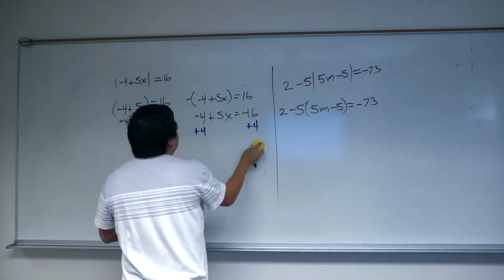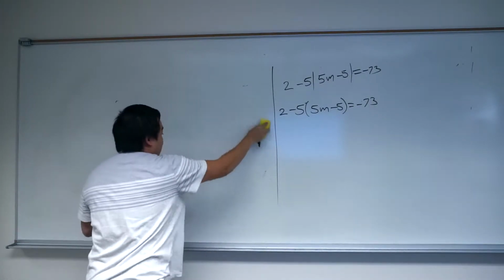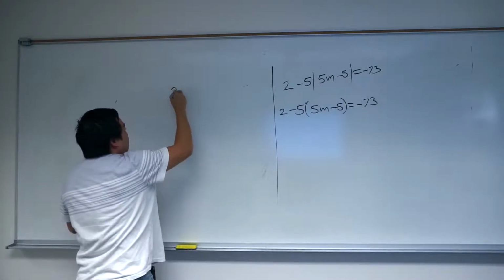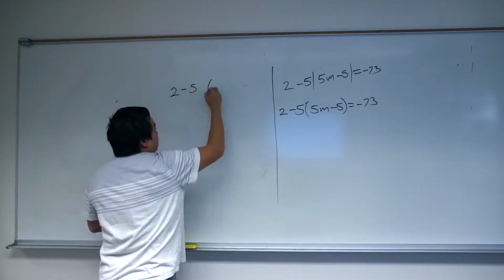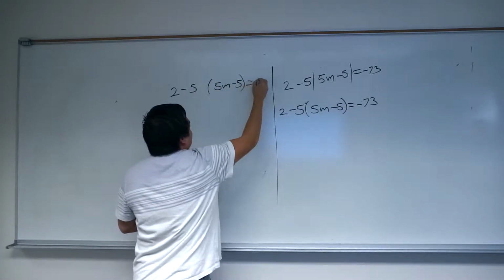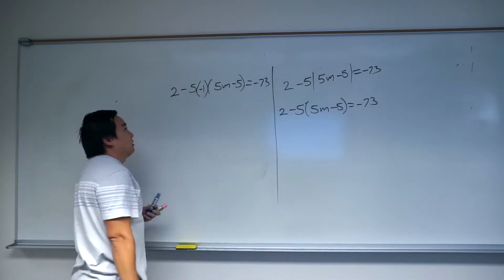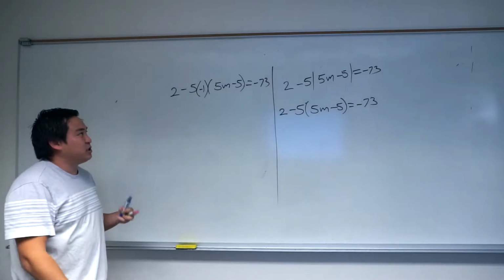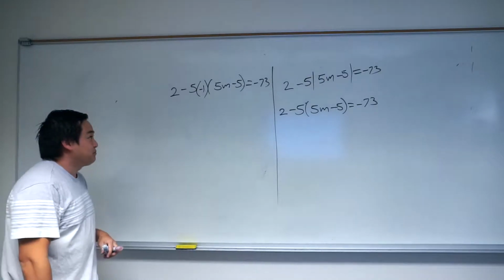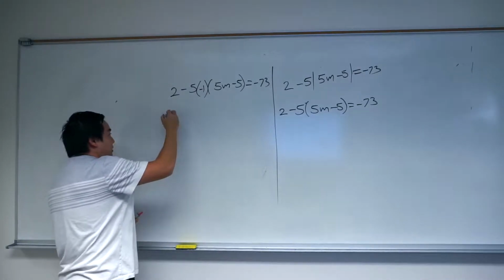And since I'm running out of space, I'll write it over here. And then put a minus in the front. And in this case, we just put a minus 1 so that we can see it. So once we do this, solve it the same way we did.